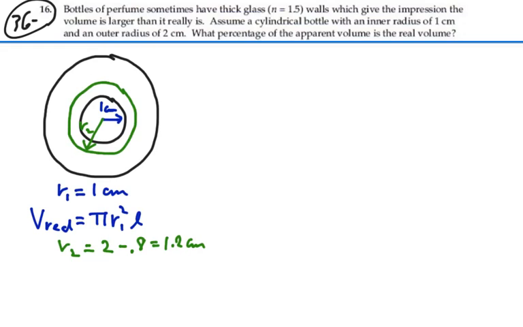That means the apparent volume is this cross-sectional area, pi r2 squared, times the length of the bottle.